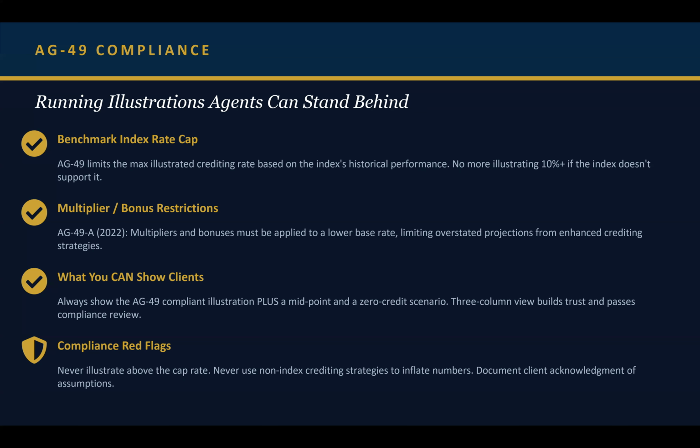So now the multipliers were taken off, and if you want to illustrate them, you have to elect to actually put them on. What it does is take the onus off the company and put it on the agent in case of lawsuits. Just remember that. And it really helped temper the expectations of the customer.